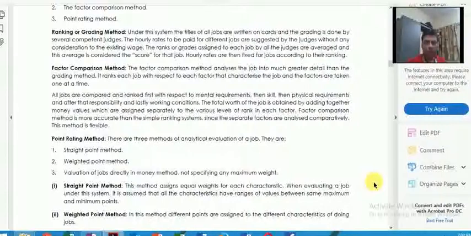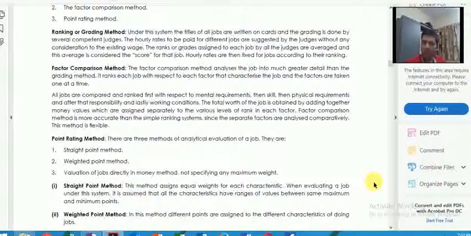What we do in the ranking or grading method, we take different cards on which the job description or job title is written. Job title means, for example, management trainee, deputy manager, general manager, senior general manager. These different titles are written, or if there are workers, for workers: new joinee, 1 year experience, 3 year experience.